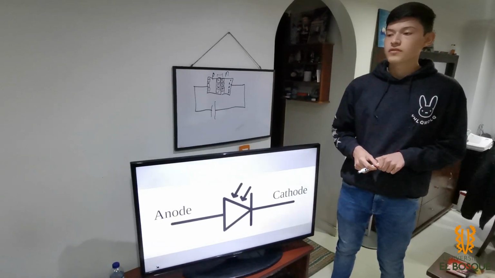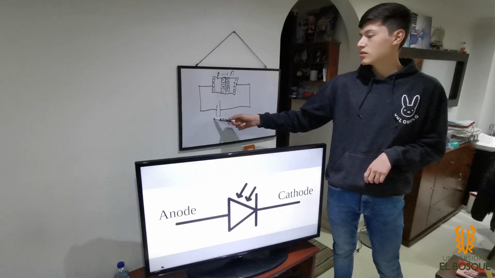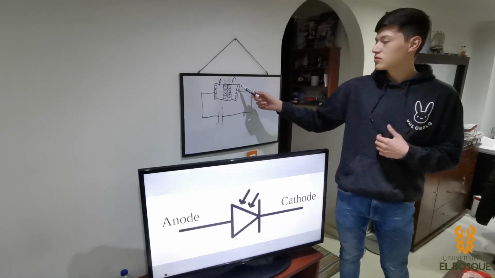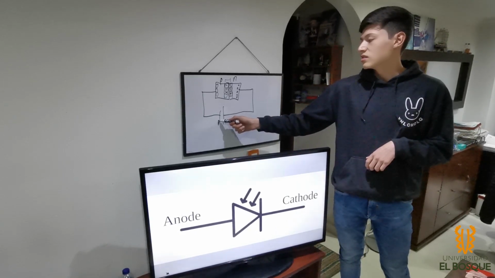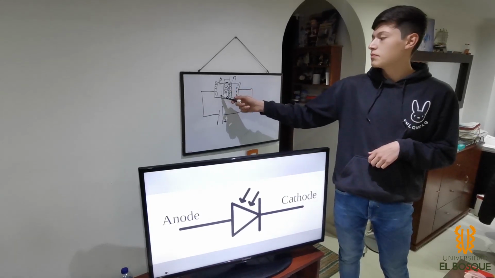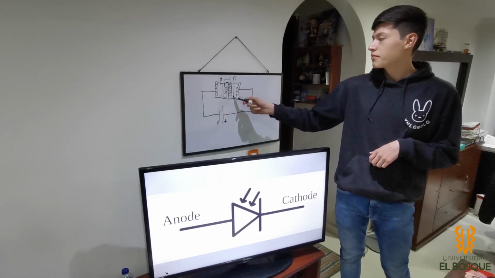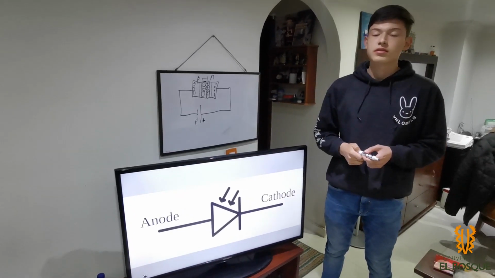As we have a reverse bias, the holes of the P side are attracted to the negative of the battery, and the electrons are attracted to the positive of the battery. This makes the depletion region larger. That is what we want.